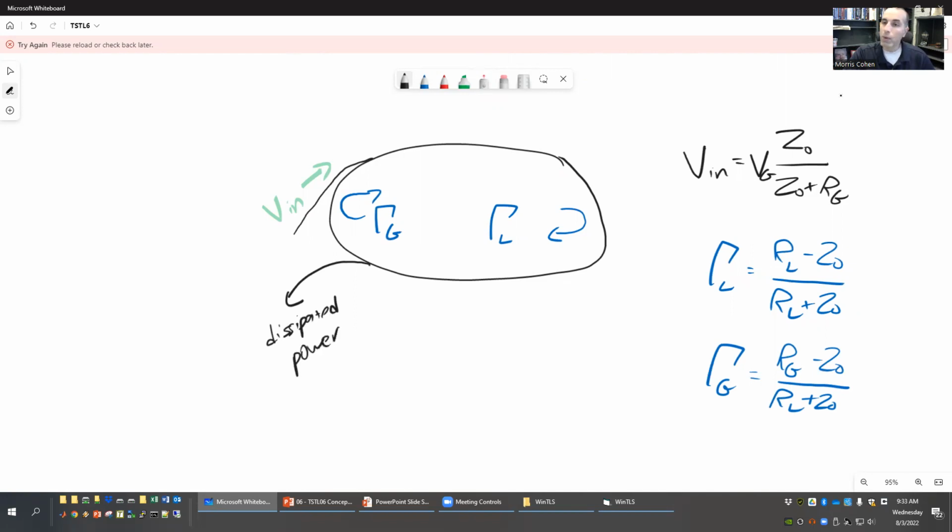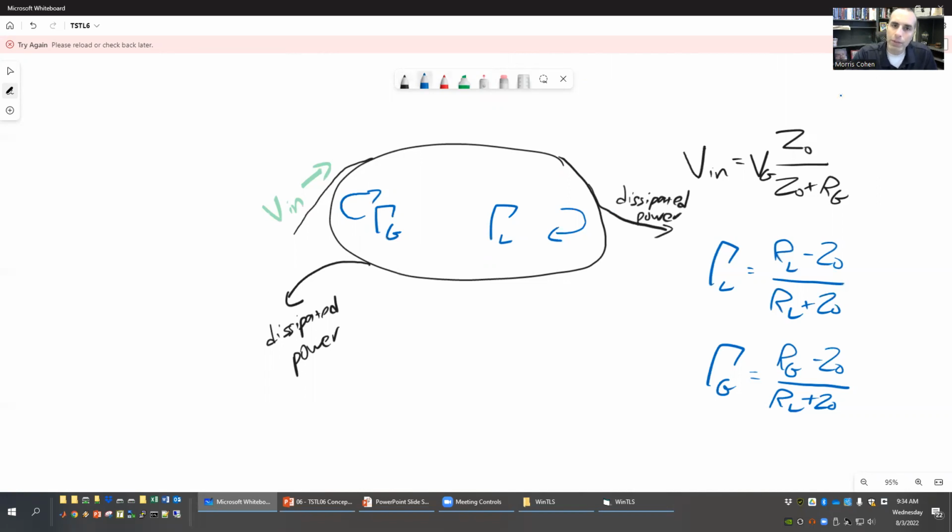This is the current that's flowing through the generator resistor that's wasted. And there's also some power that flows through the load resistor that's wasted, right? And that's dissipated power, or it may not be wasted, but let's say it's no longer in the circuit.